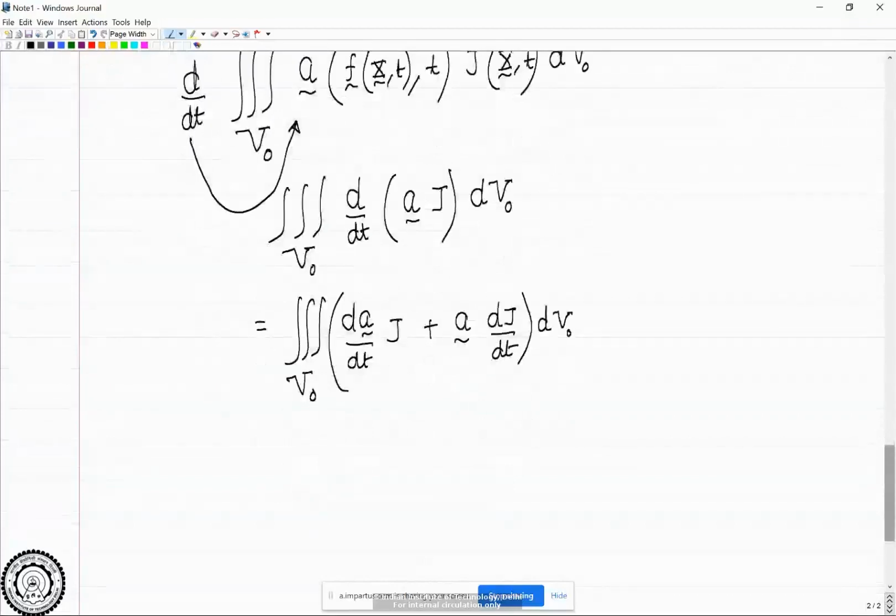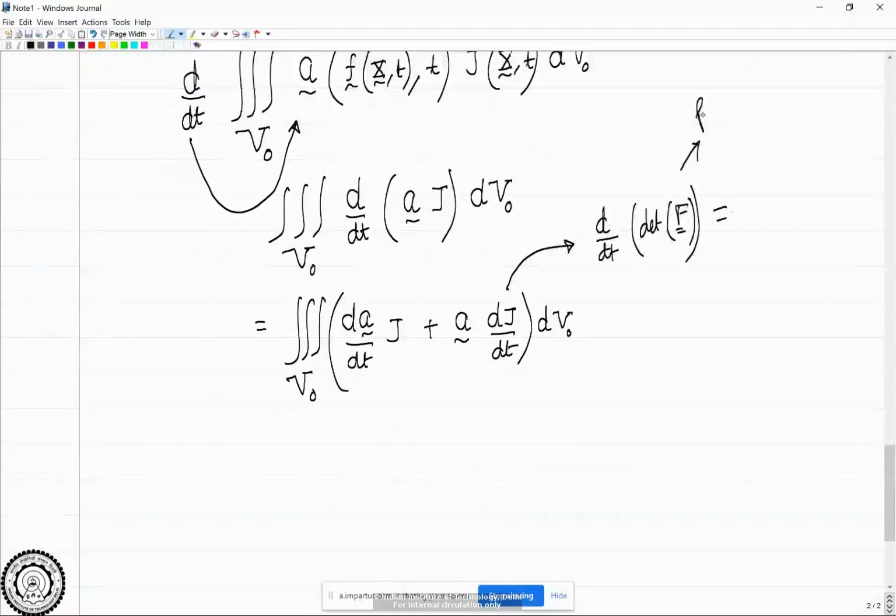All right. What more can we say? You have got dJ by dt to evaluate first of all. What is dJ by dt? This is tricky. J is the determinant of F, so I have d by dt of the determinant of F, total derivative. I will give this to you as an exercise.